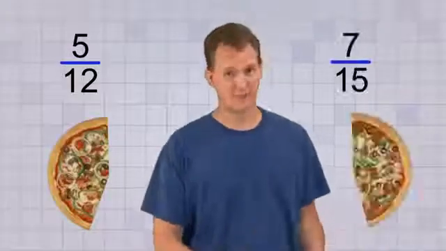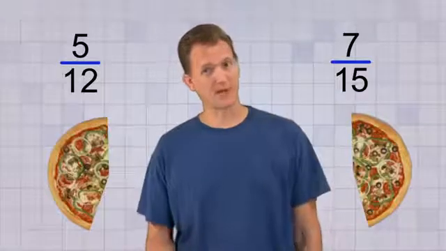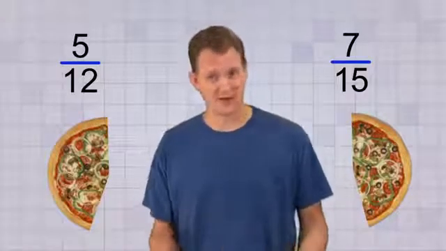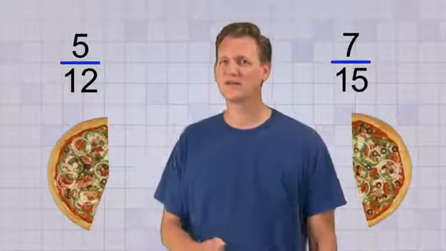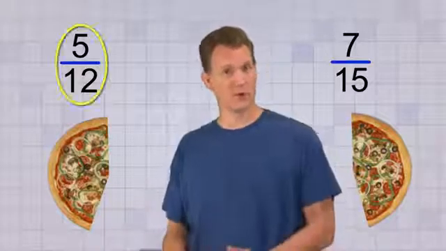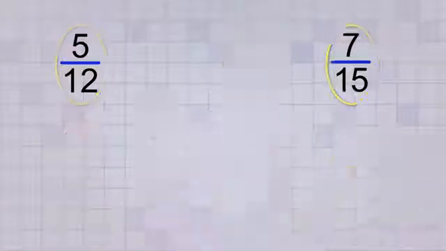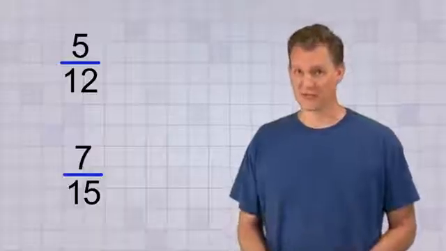For example, let's say I offered to give you either 5/12ths of a pizza or 7/15ths of a pizza. Now you happen to be really hungry, so you want to choose the biggest amount. But it's not very easy to tell just by looking which is bigger. 5/12ths, or 7/15ths. This is where decimal values can really help you out.